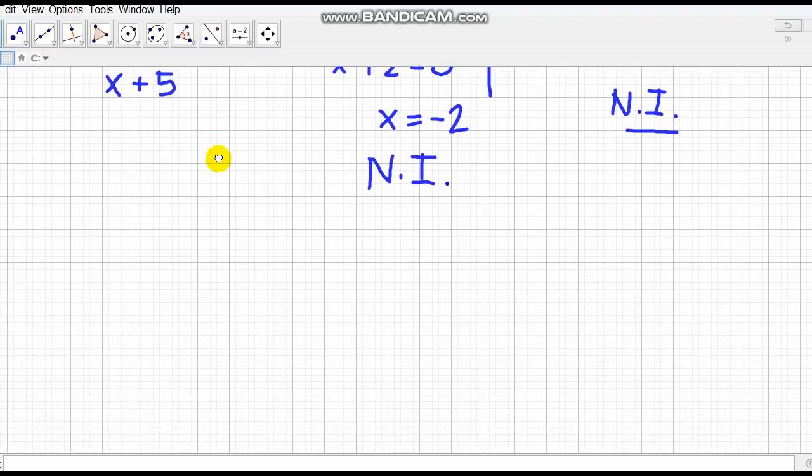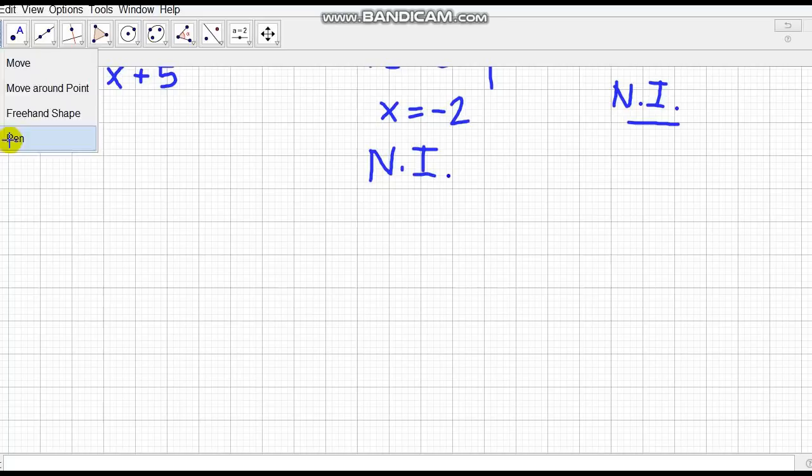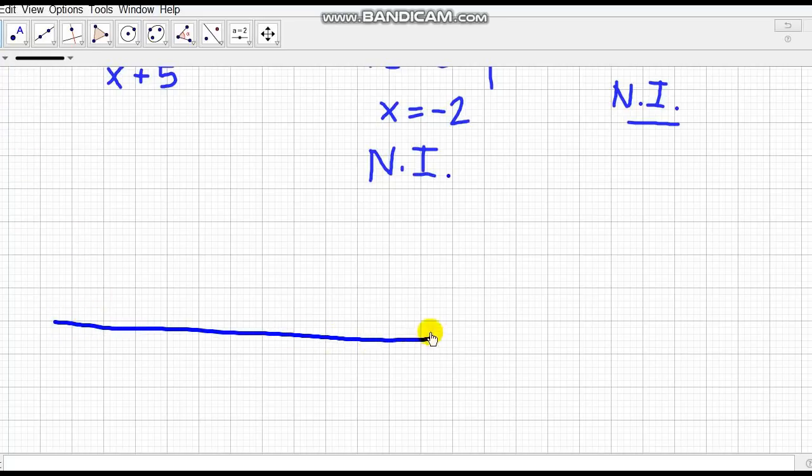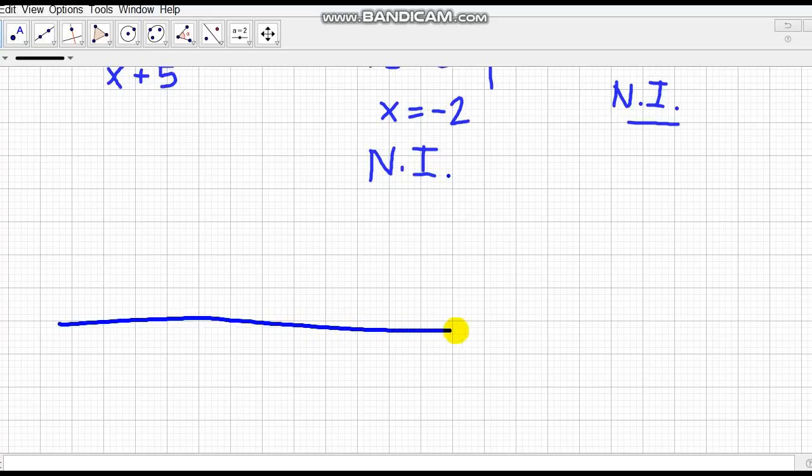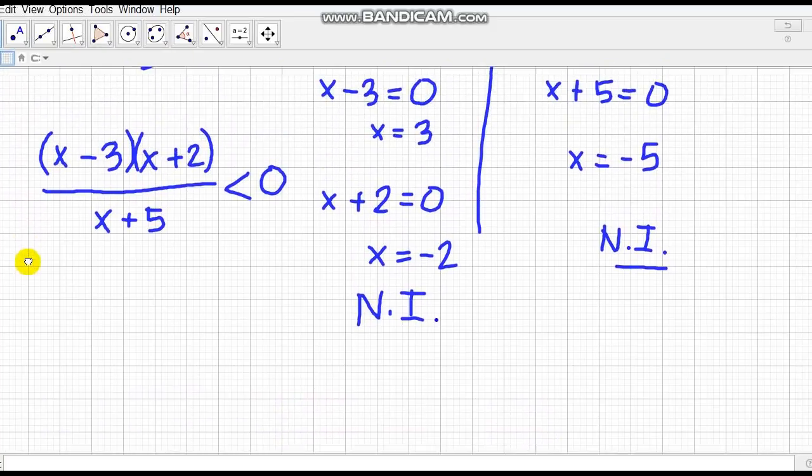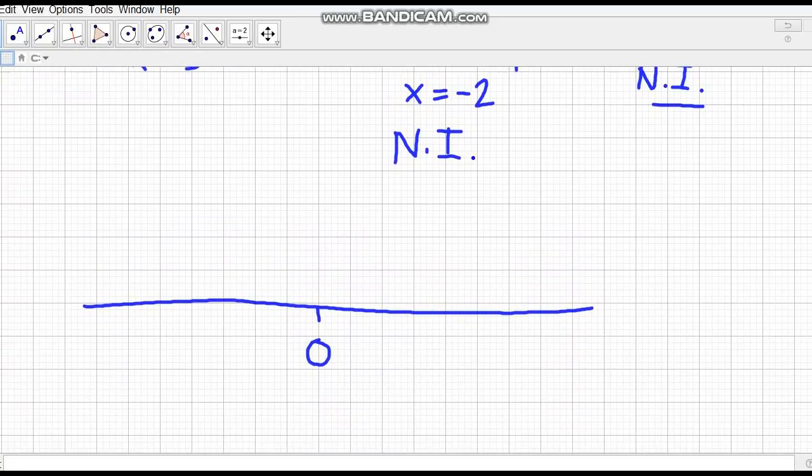So let's now make our number line. So here's our number line. Here's the 0 here. And remember, our critical numbers are 3, negative 2, and negative 5. So we have 3 critical numbers here: negative 5, negative 2, and 3.